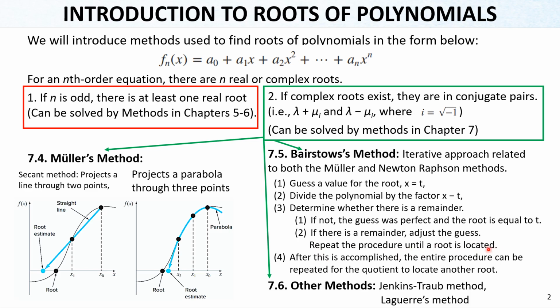The location of the root means we have no remainder and the root is equal to t. If this is accomplished, the entire procedure can be repeated for the quotient to locate another root. So this way we have the Bairstow method. As I said, there are other methods as well, but these are not the topic of this class.